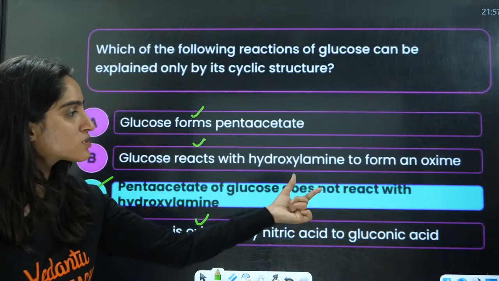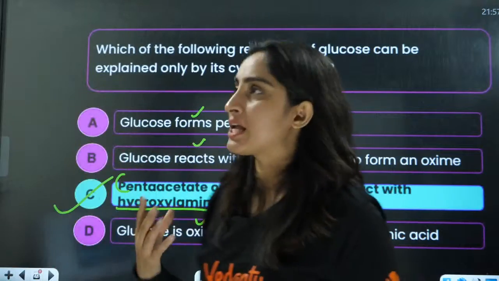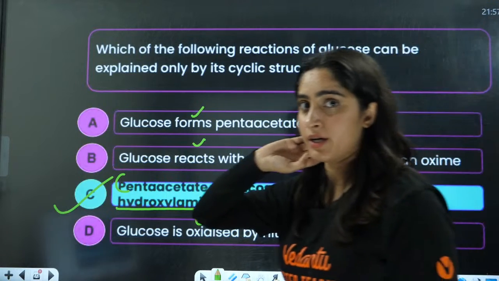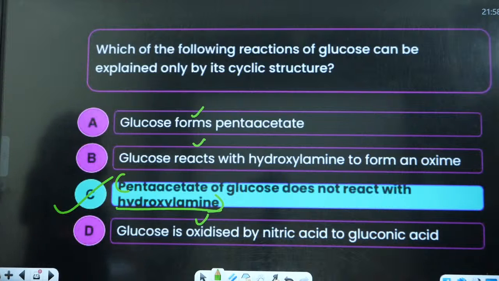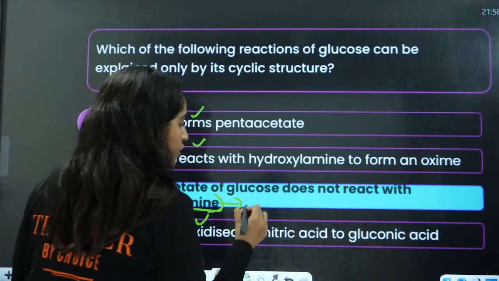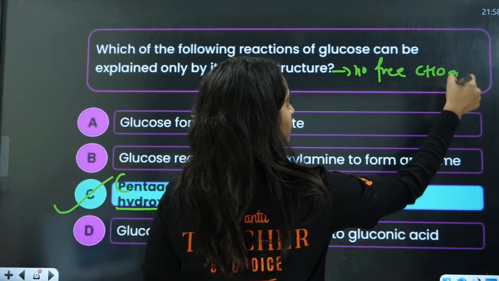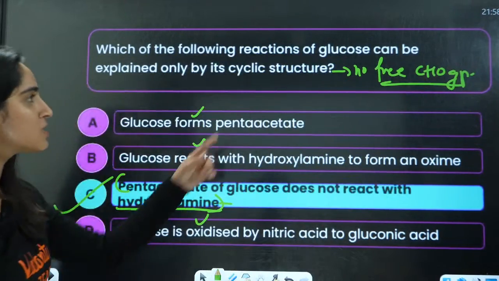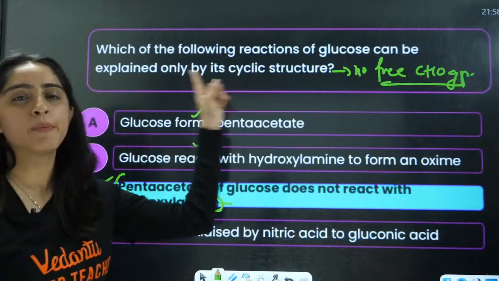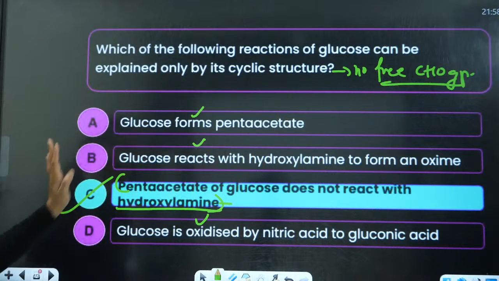But the pentaacetate of glucose not reacting with hydroxylamine was not explained by the open chain structure, so we need the cyclic structure. The pentaacetate does not react because there is no free CHO group; in the cyclic structure you do not have any free CHO group.